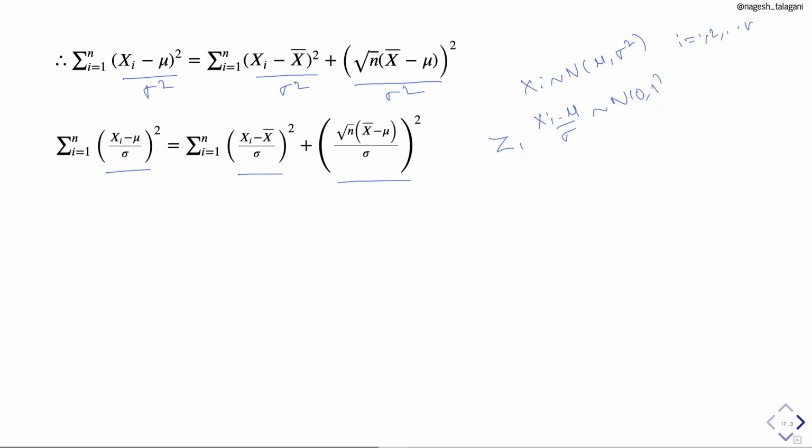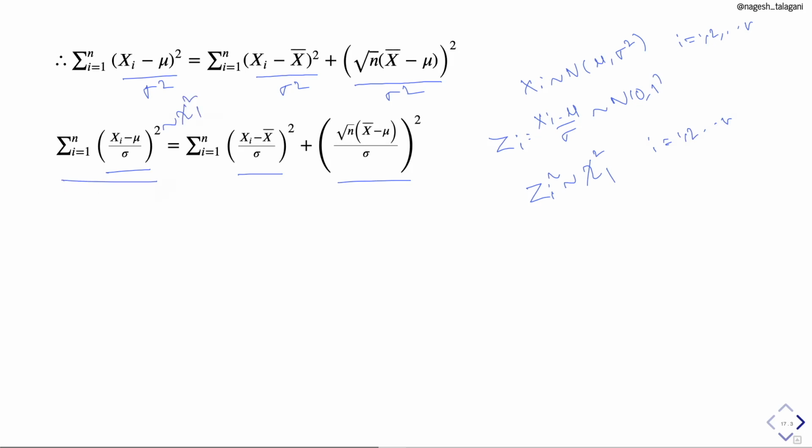Let me call it zi. Then zi square will follow the chi-square distribution with 1 degree of freedom, for i equal to 1 to n. Since x1, x2, up to xn are independent, z1, z2, up to zn are also independent, so z1 square, z2 square, up to zn square are also independent. Each one follows the chi-square distribution with 1 degree of freedom.